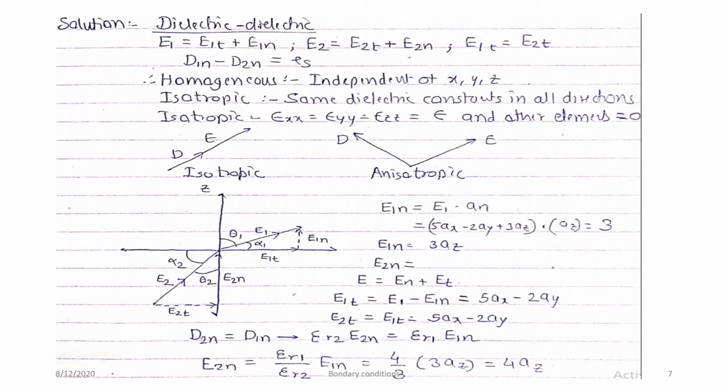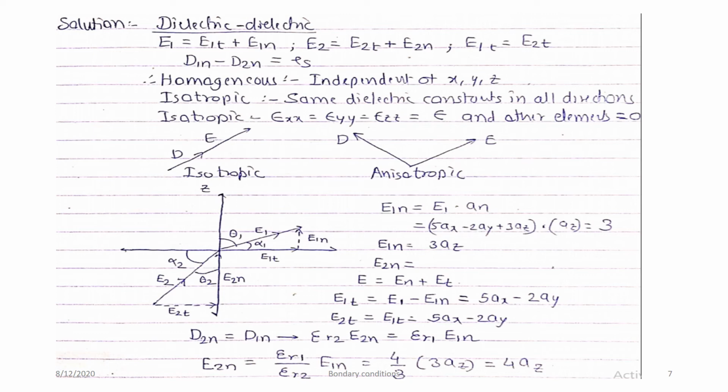From the vector diagram, we can write E1n is equal to E1 dot an. When you find the dot product, you will get 3, since an is equal to az. E2n we will calculate afterward according to the equation for D. We can write E is equal to En plus Et, so E1t is equal to E1 minus E1n, which is 5ax minus 2ay.